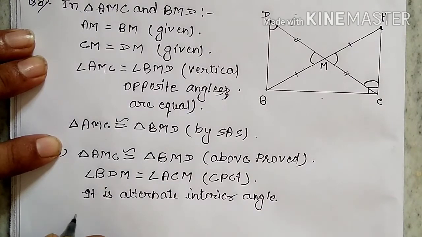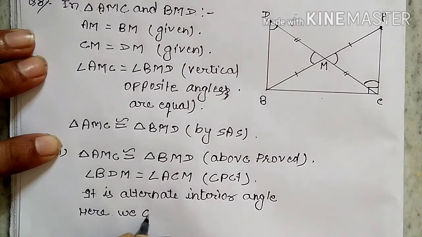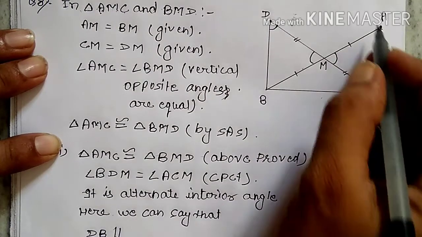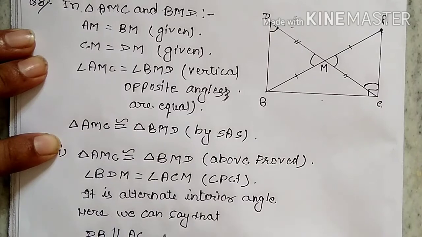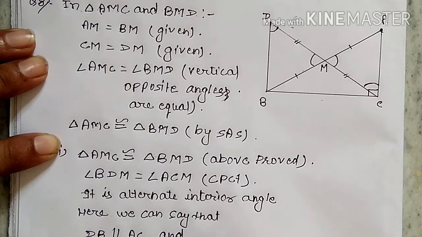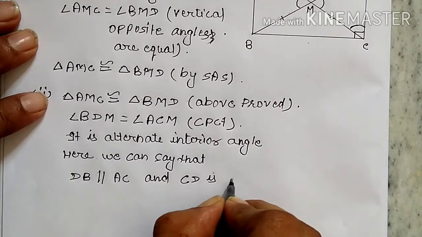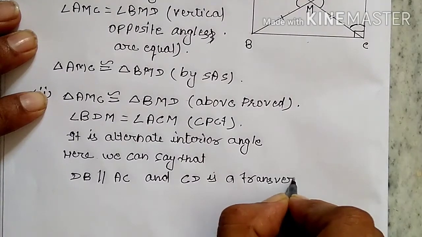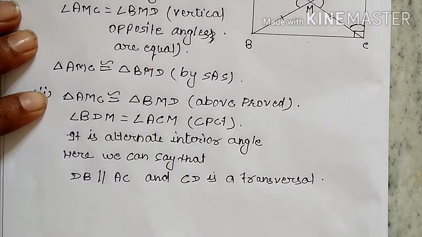So we can say that DB is parallel to AC and CD is a transversal.